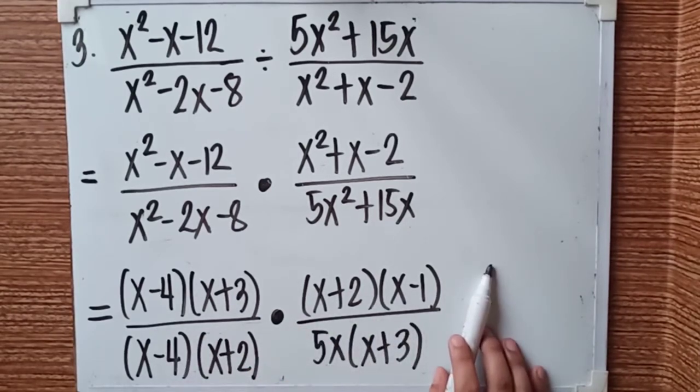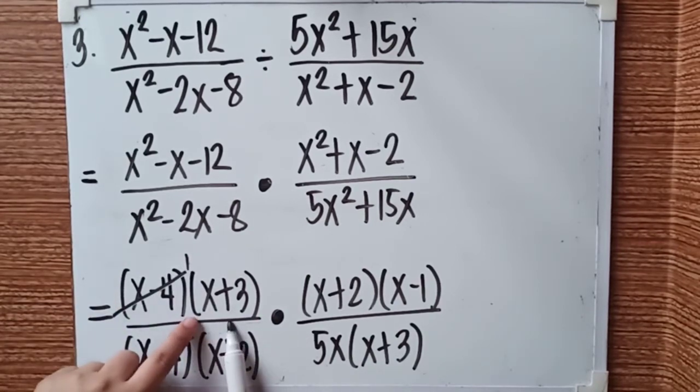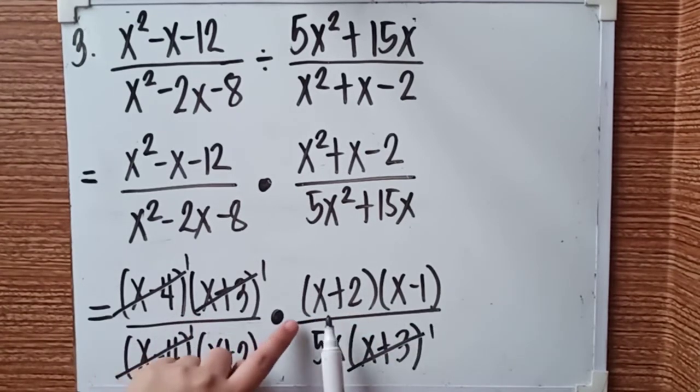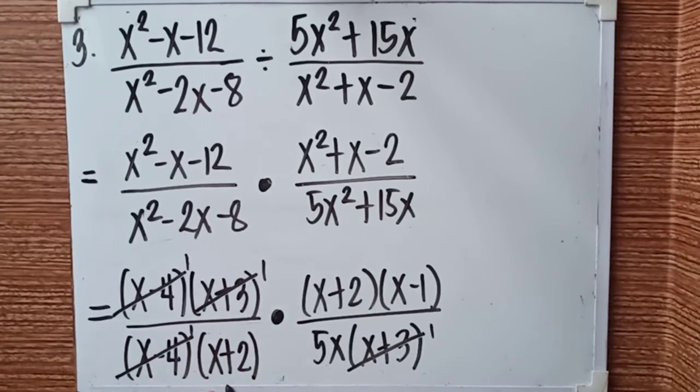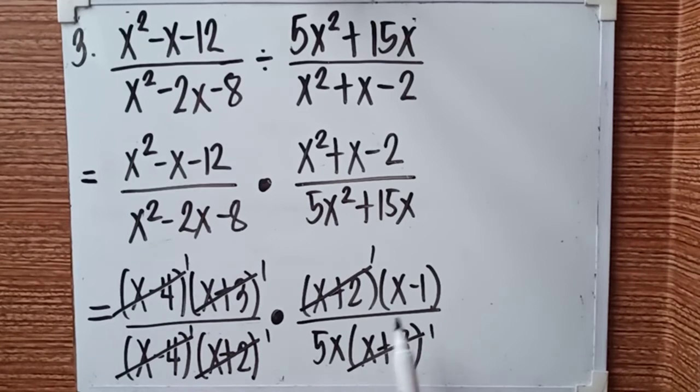Step 2, cancel the common polynomial factor. X minus 4, ito ang kapartner niya. Cancel natin, it will become 1. X plus 3, ito ang partner niya. X plus 3, cancel natin pareho, it will become 1. X plus 2, ito ang kapartner. Cancel natin, it will become 1. X minus 1, wala na siyang kapartner.